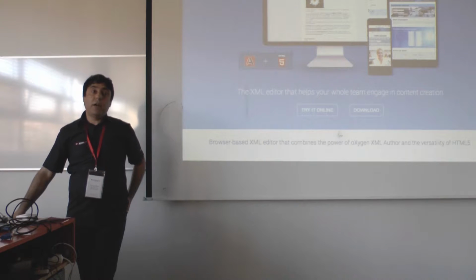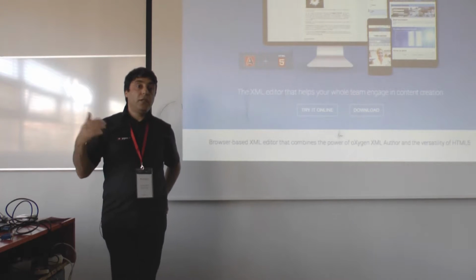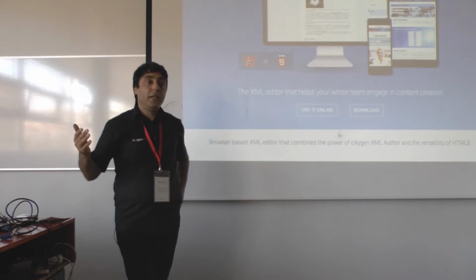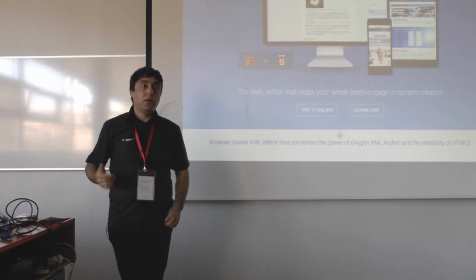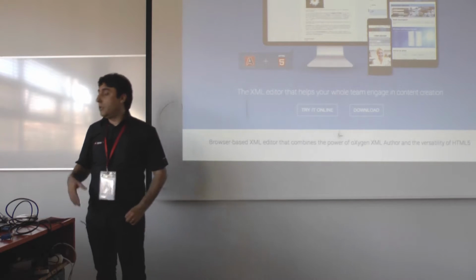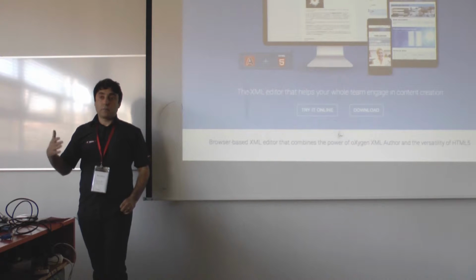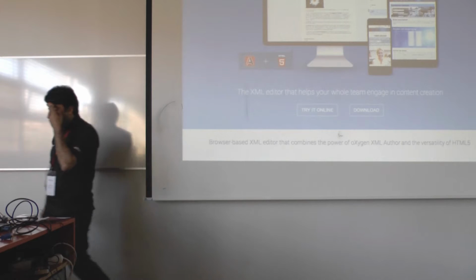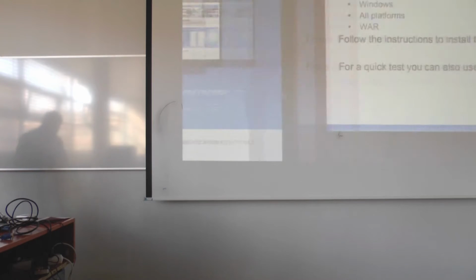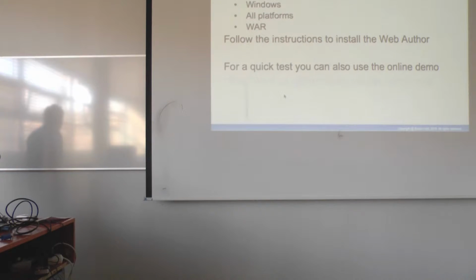Here you can find either a link to quickly try an online deployment that we have, or you can download and install it and try it yourself. We provide Linux distributions, Windows, Web Archive, and an all platforms distribution that can be used, for instance, on the Mac.